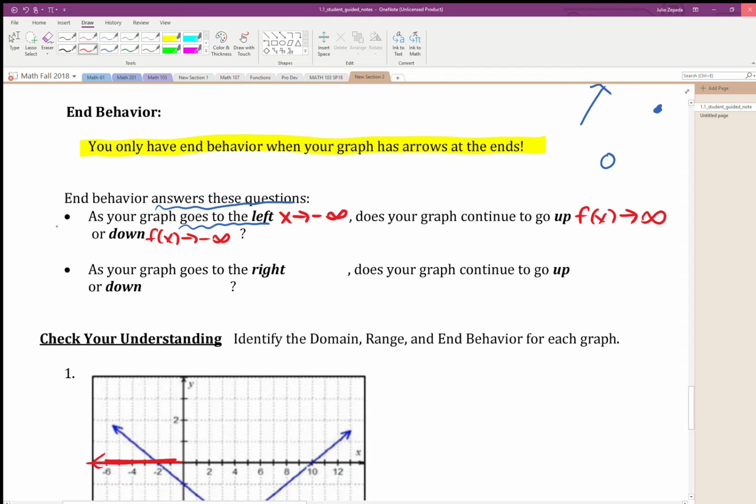So that's the first question. Looking at the left-hand side of my graph, does it go up to positive infinity or does it go down to negative infinity?